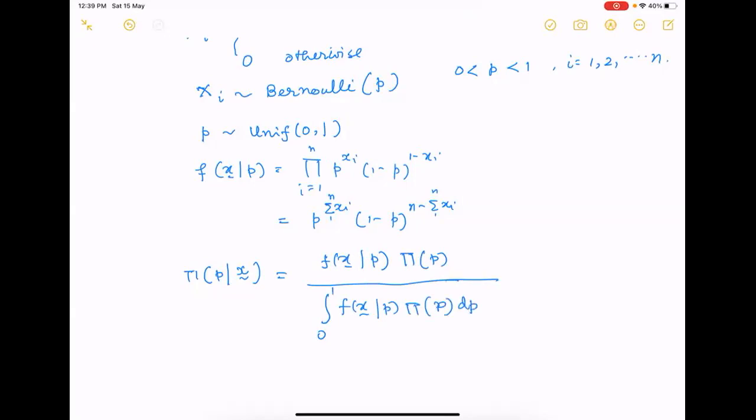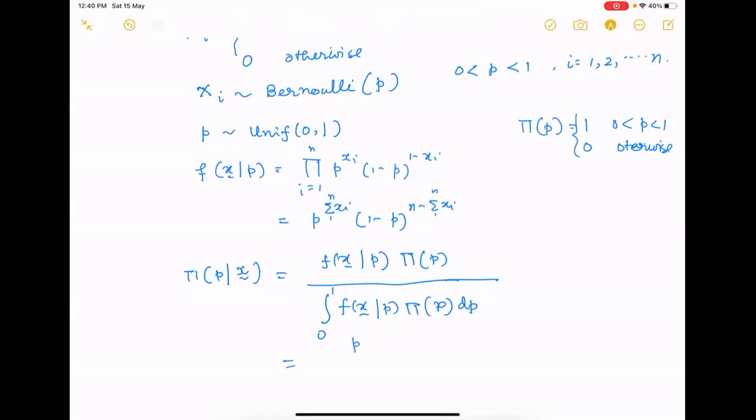Now pi of p is 1 in the range 0 to 1 and 0 otherwise, so that makes our life easier.